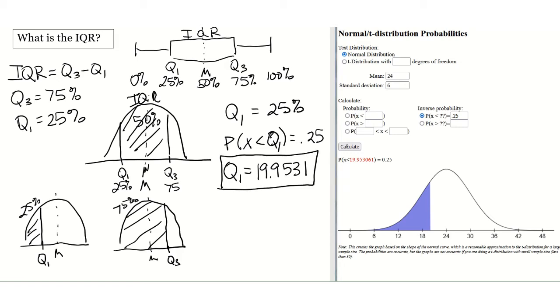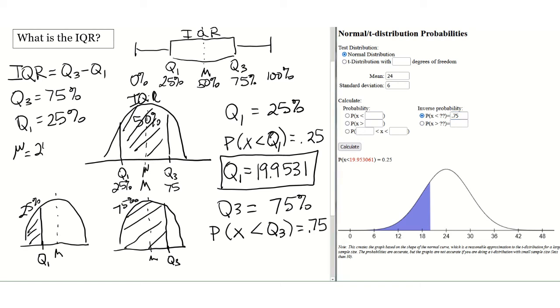Now I'm going to do the same thing and solve for Q3. My Q3 is at 75%, so this time I'm solving for my Q3, and I'm going to plug in 0.75. For all of these, we'll use the same mean and standard deviation, so let's write that down.